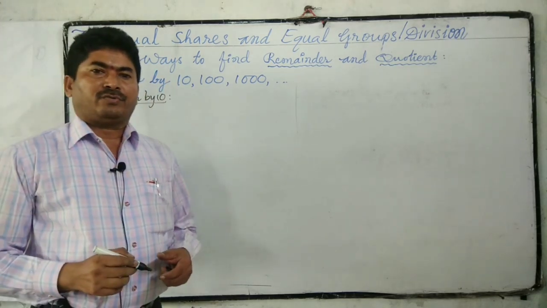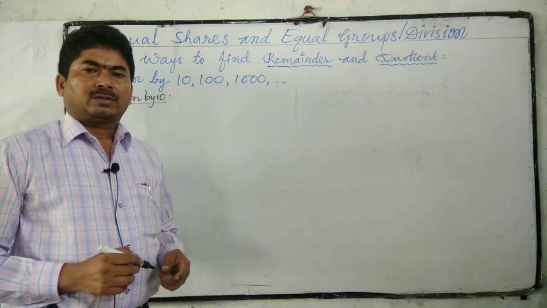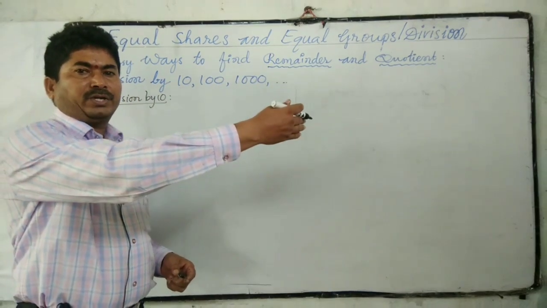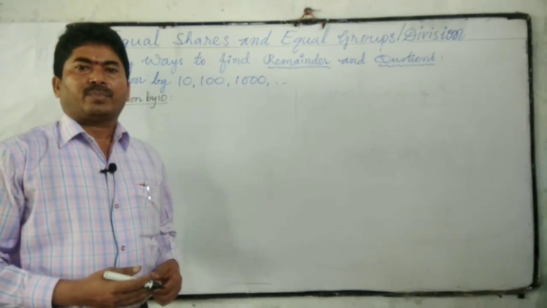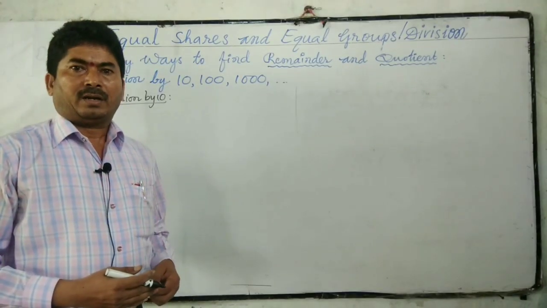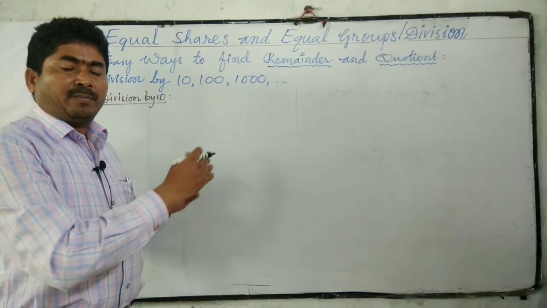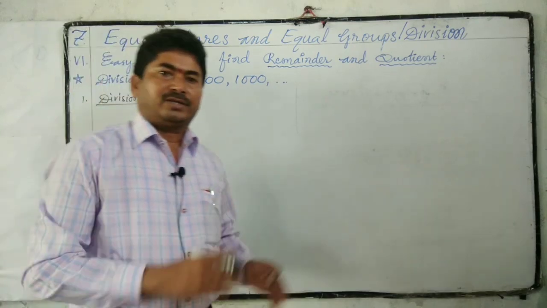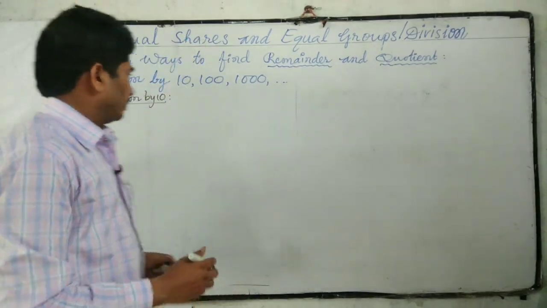When a number is divided by 10, the last digit is the remainder, and the number formed by the remaining digits is the quotient.